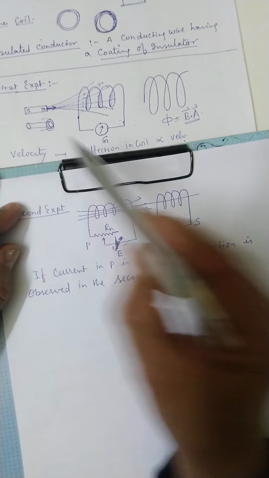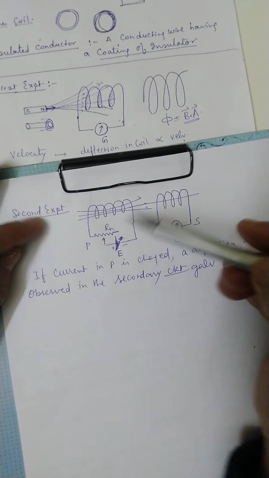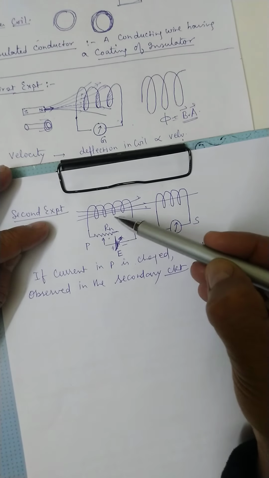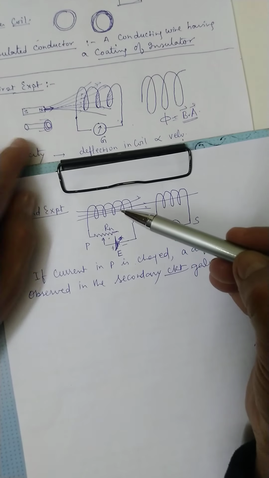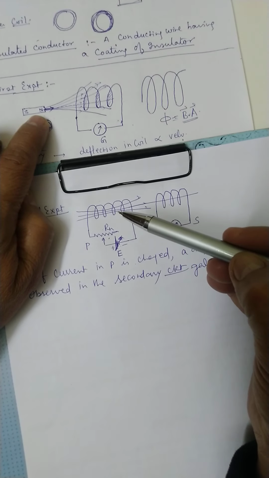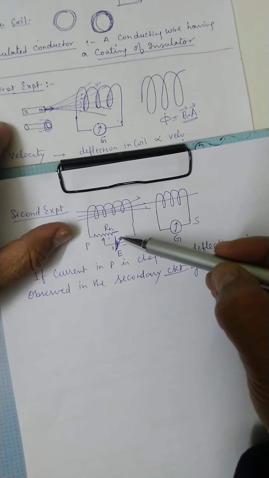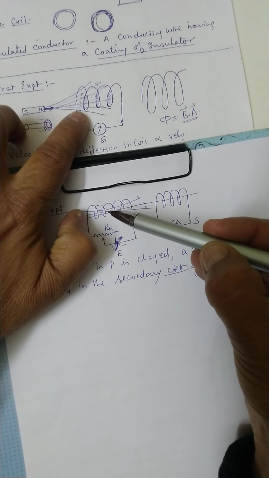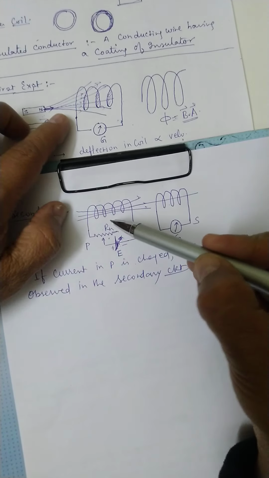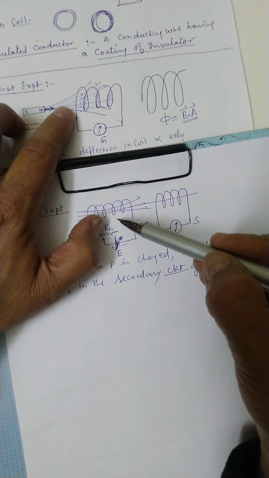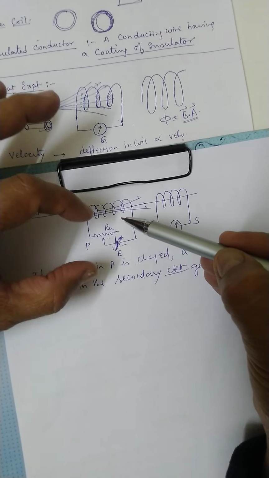Look, the bar magnet has been replaced by a coil. When I change this current, I am changing the magnetic field. And this is what I am doing when I make the bar magnet move close or away. So increasing current means taking this magnet towards, decreasing the current means taking this magnet away.